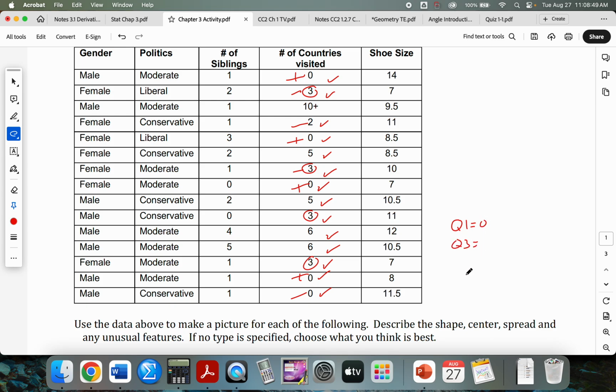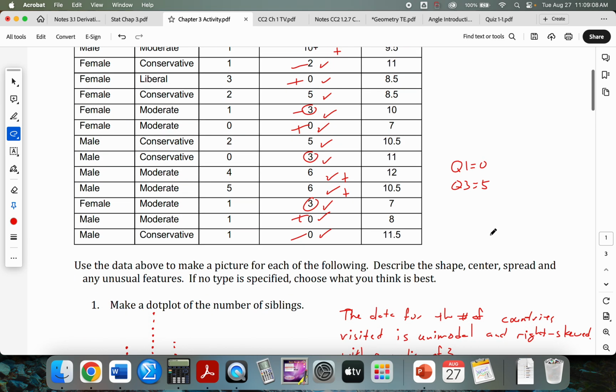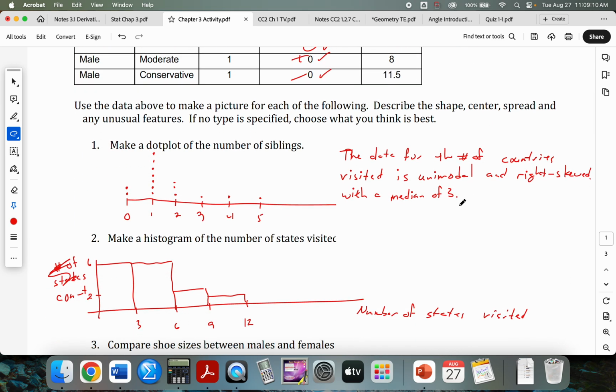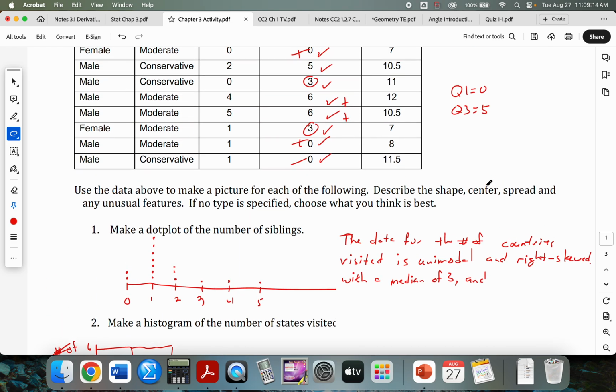What about Q3? So we would come to the fourth one from the top. So 10, 2, 3. Is there another 6? I don't think so. But there is a 5. And an IQR of 5.